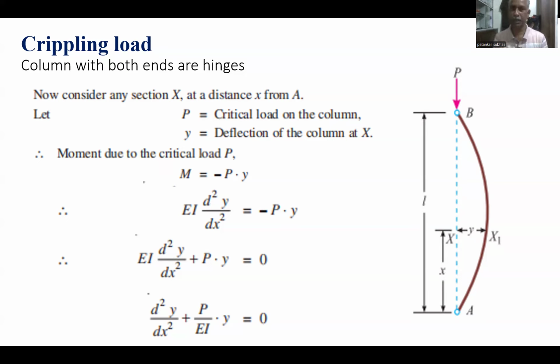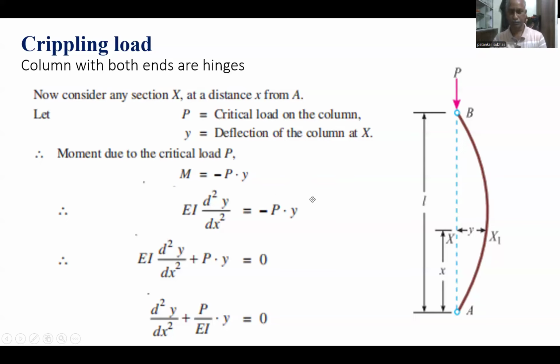The moment due to the critical load is this load multiplied by the perpendicular distance y. So P multiplied by y in the anti-clockwise direction, so it is minus P into y. As per the moment equation, EI into d2y by dx square is equal to the moment, that is minus P into y.